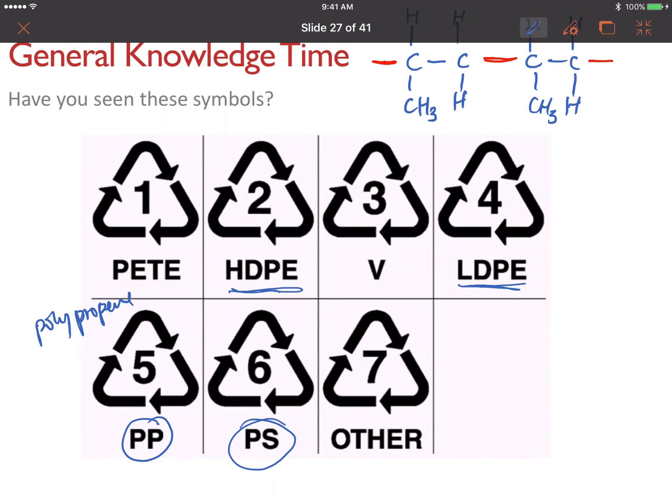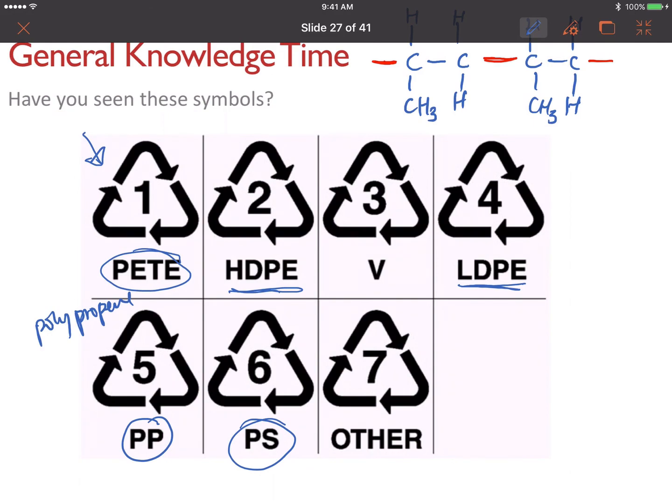Now, PETE is a more complicated formula, so I will not go through it, but this is the kind that's commonly used to make your Ice Mountain water bottle and all that. Then actually, if you take away food from our canteen stores, you will notice that you will see these numbers at the bottom of the food container.